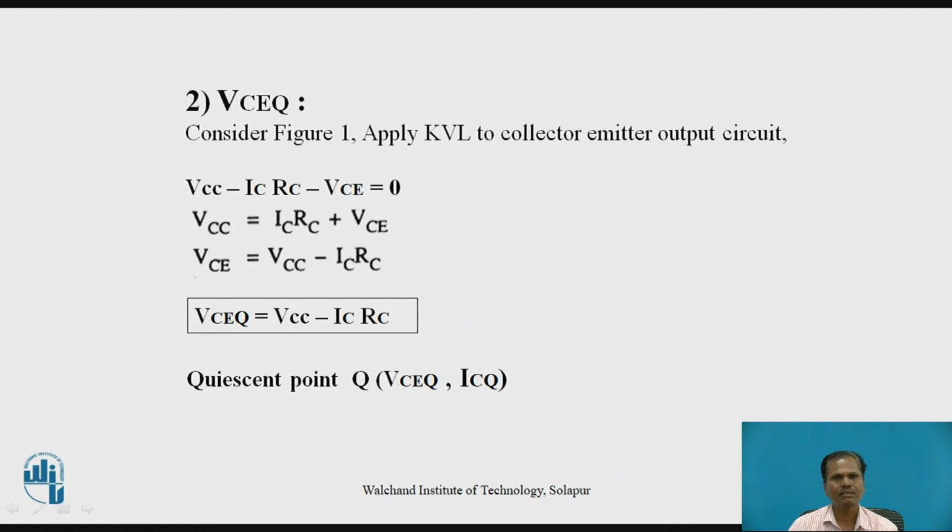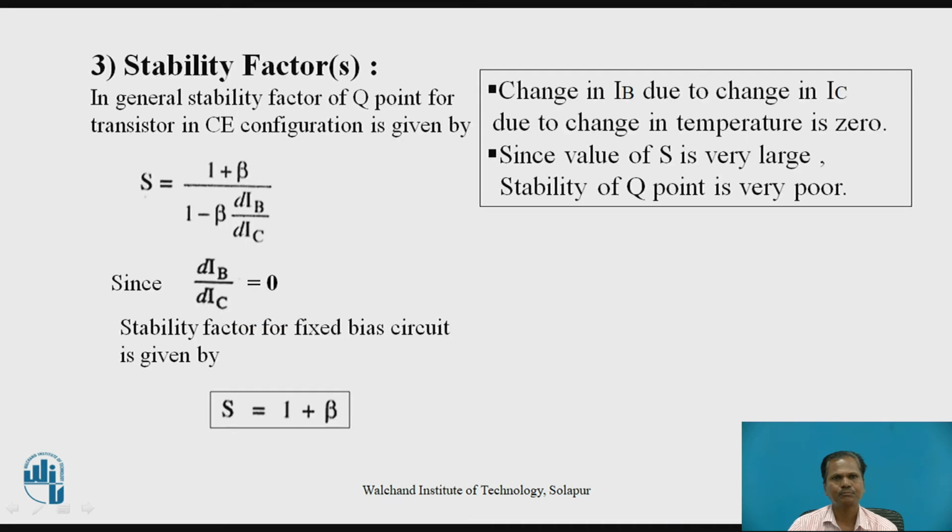Using this equation, we can determine the DC voltage at the collector with respect to the emitter, that is the ground, under DC working condition: VCEQ equal to VCC minus ICQ RC. So, from this we can obtain the values for the Q point, that is VCEQ and ICQ.